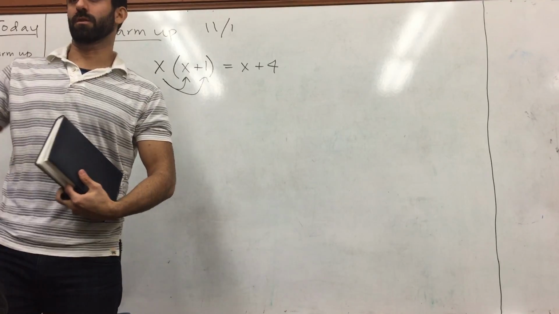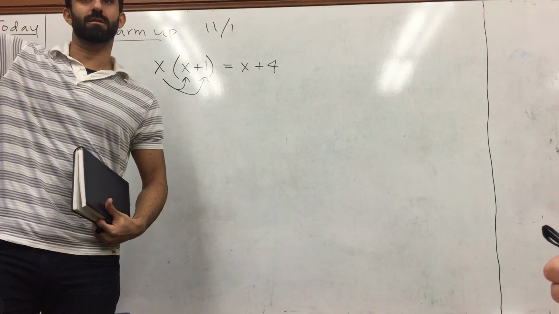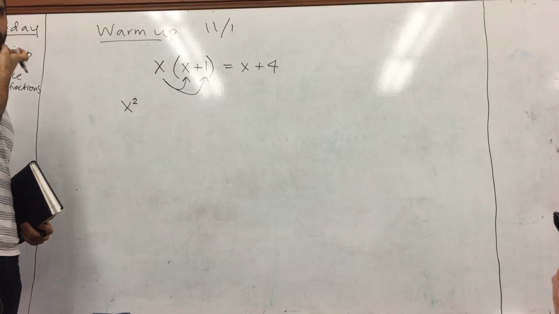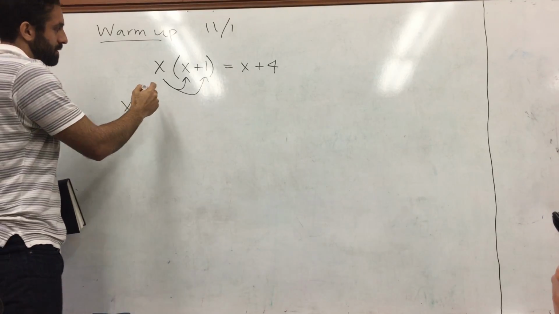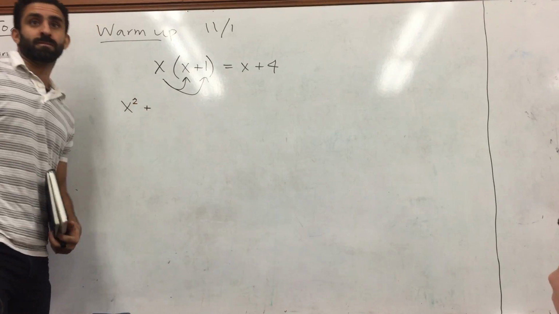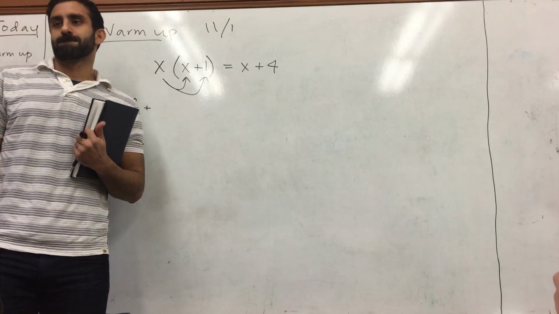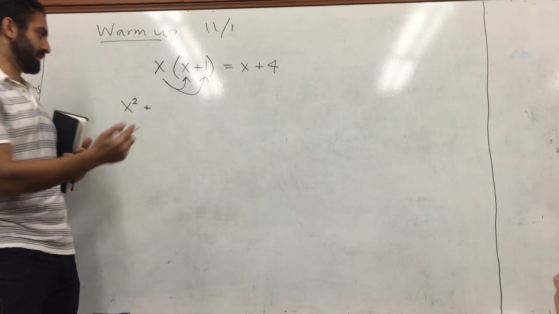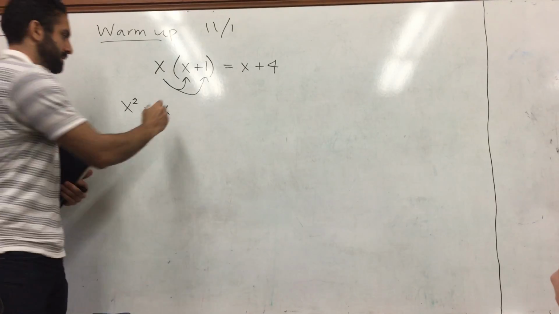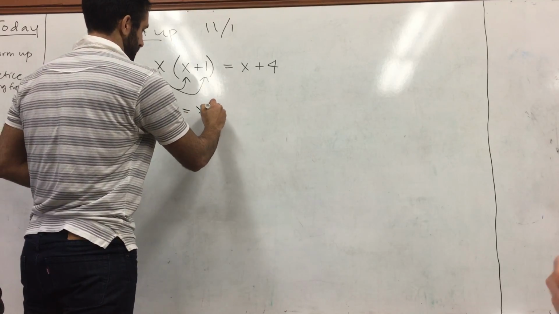Is anyone confused by that? Okay, you guys are all good? Also, if it's x times x, like 1 times 1 equals 1. Okay, what about the next part? It's just x. Right? Okay, and then let's write this out.